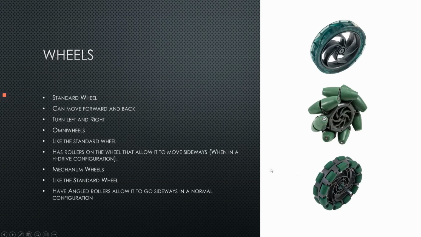The difference, if you look at it, you can see these little mini rollers. They're kind of rubbery. They can spin, so they can do what your standard wheel does. They can go forward, backwards, turn right, and turn left.